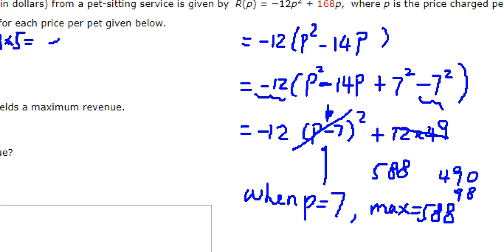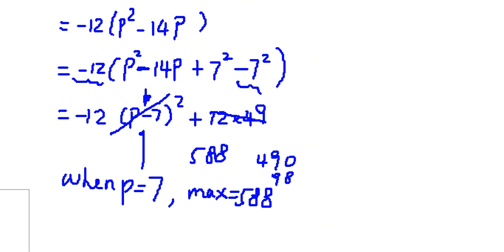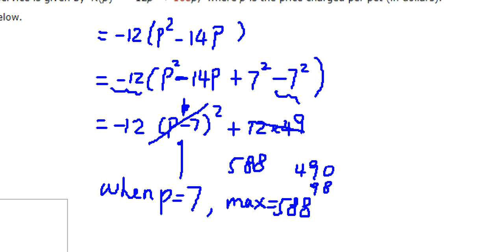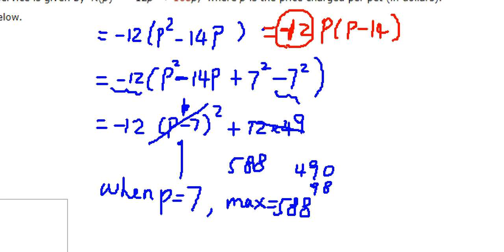For those who are interested, I'm going to show you method number 2. This equals negative 12 times, do you see that p is a common factor? So p times (p minus 14). The negative sign means it opens down.